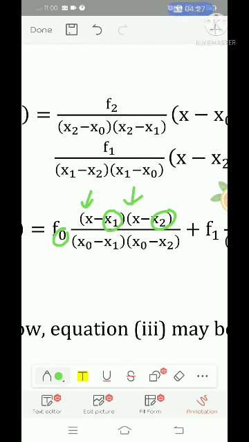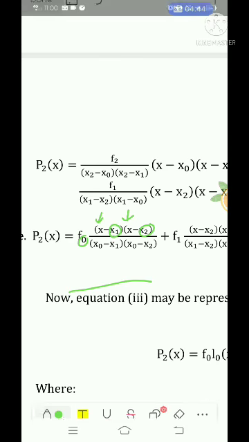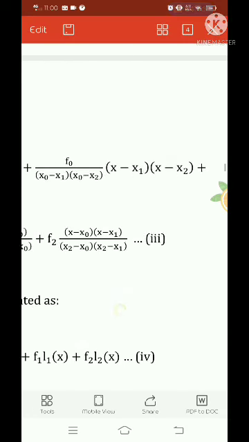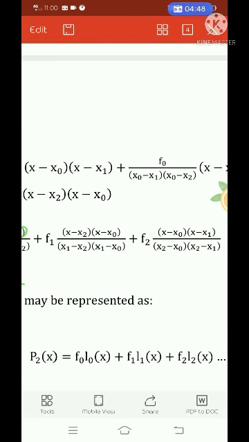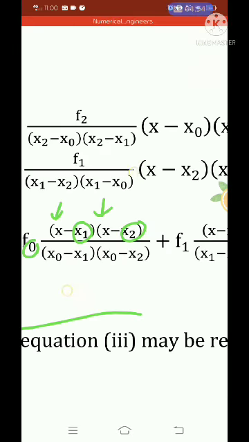Recall that this is a second order polynomial. So since it is second order, from f sub 0, f sub 1, f sub 2, it only goes up to f sub 2, right? So what can you observe?